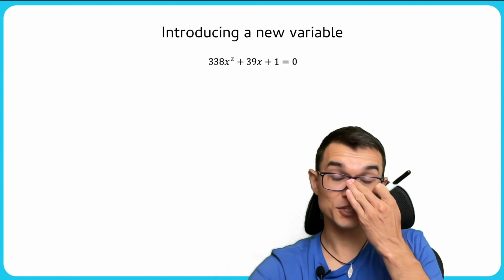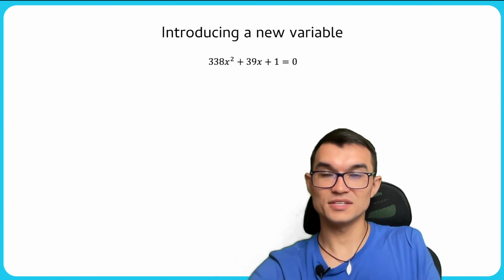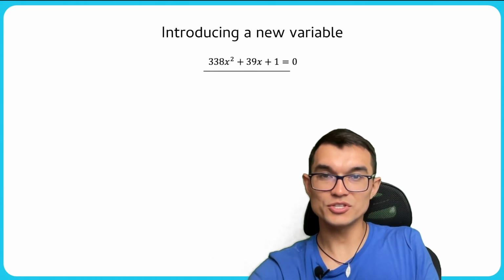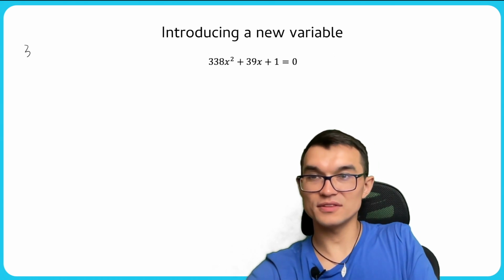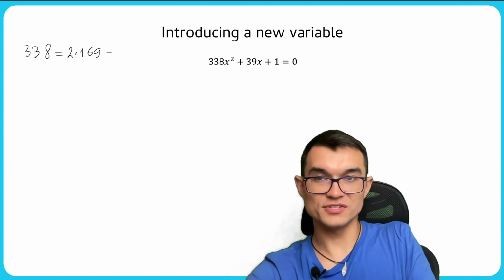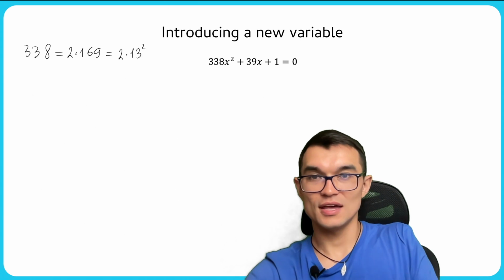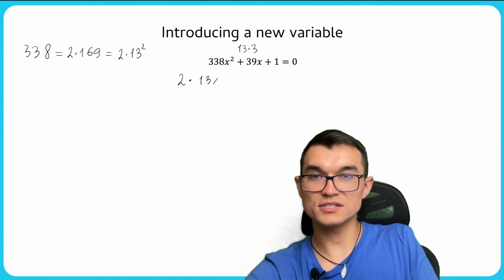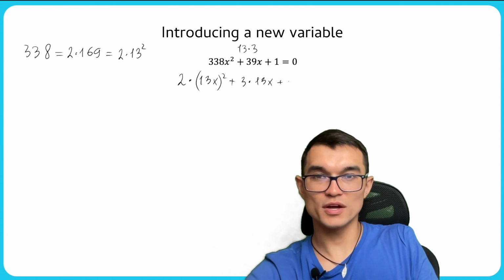Now another method which is used quite rarely too, but is still worth our attention, is introducing a new variable. In that equation, I noticed that 338 is 2 times 169, and 169 is 13 squared. And I have got 13 here. 39 is 13 times 3. So I can rewrite this equation as 2 times (13x) squared plus 3 times 13x plus 1 equals 0.